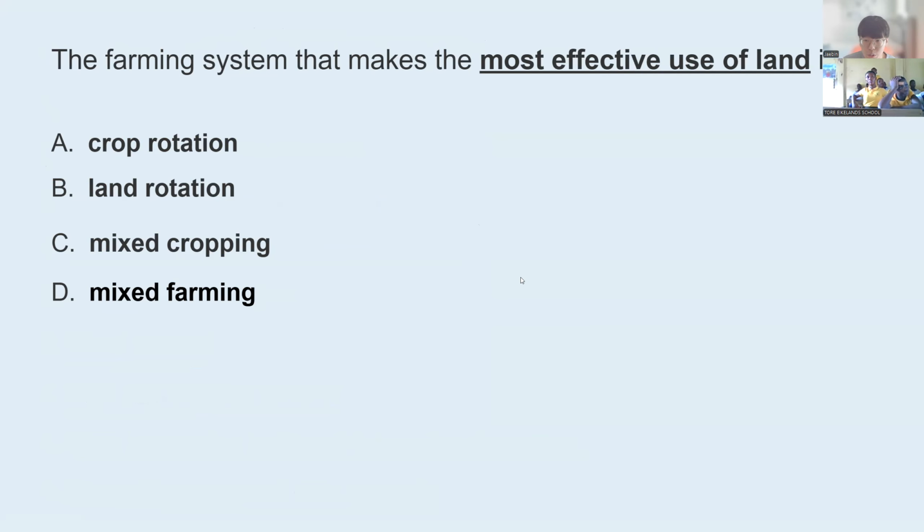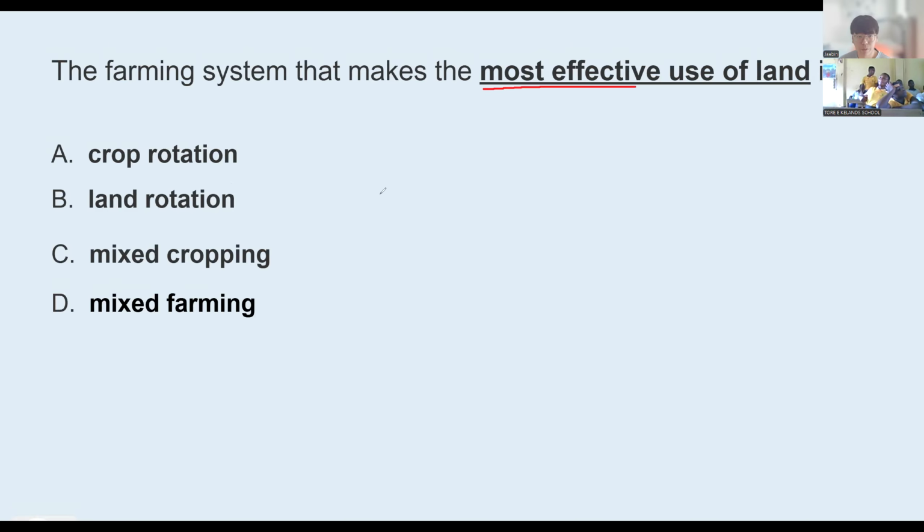So let's look at this question. The farming system that makes the most effective use of land is called what, do you think? What is the most effective use of the land called?